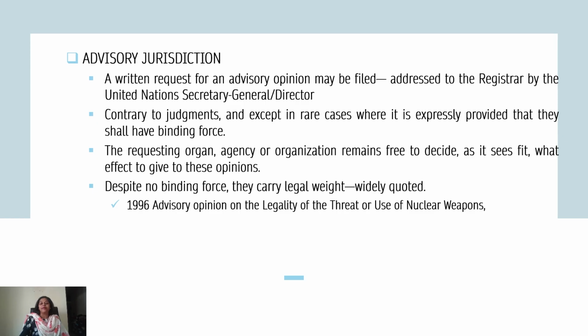So the first example is the advisory opinion given in the year 1996, on the legality of the threat or use of nuclear weapons. This is a very significant document, and it is widely quoted whenever the legal and moral questions around nuclear weapons are invoked.